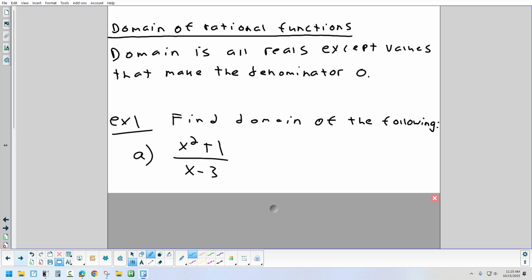The other thing that can give you a problem is square roots of negatives, but you're not going to have square roots of negatives here. In a rational function, the top and the bottom have to be polynomials. To be a polynomial, you can't have a square root of a variable in there. So you won't have to worry really about imaginaries messing up the domain, just dividing by 0.